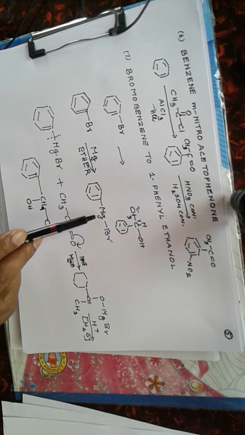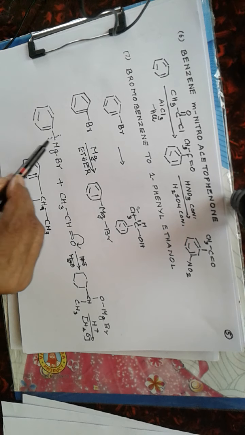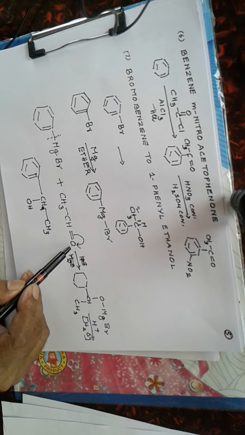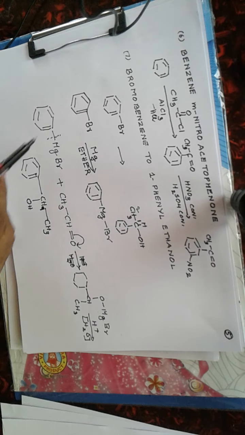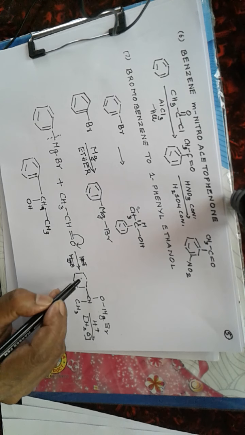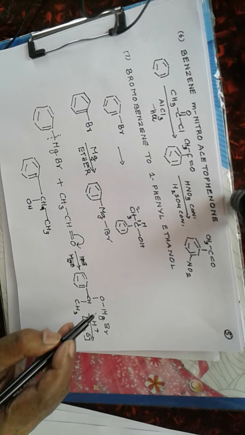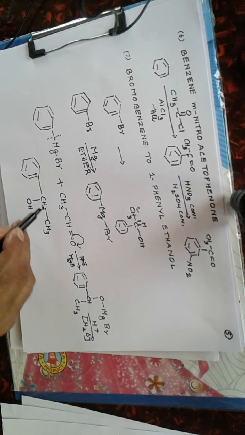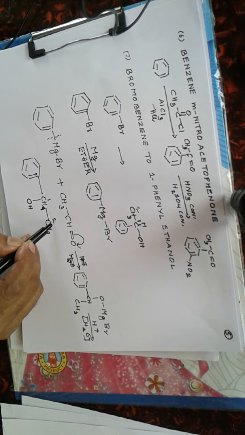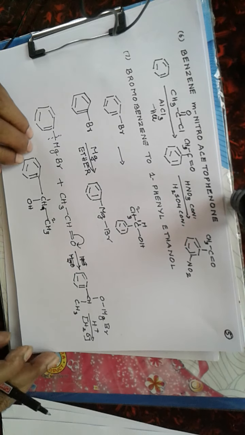We get phenyl magnesium bromide, a Grignard reagent, and then that is reacted with the acetaldehyde, so that MgBr portion goes to O. We get OMgBr, and then CH3CH portion connects to the benzene ring. Then on hydrolysis we get OH here, so that the product is 1-phenyl ethanol.